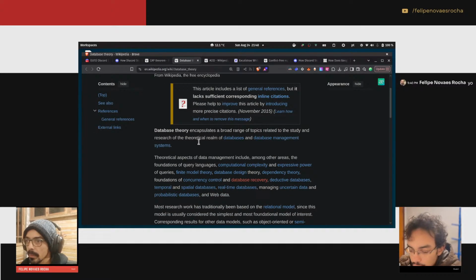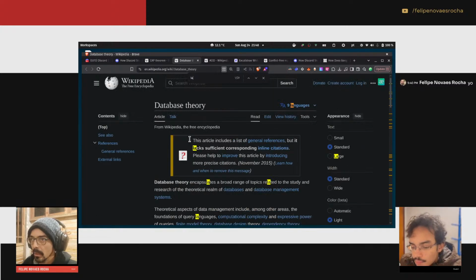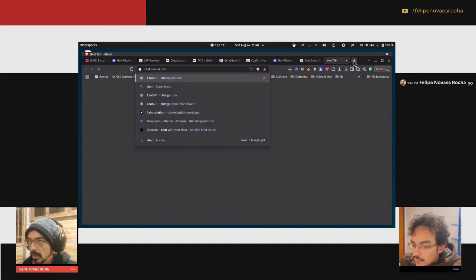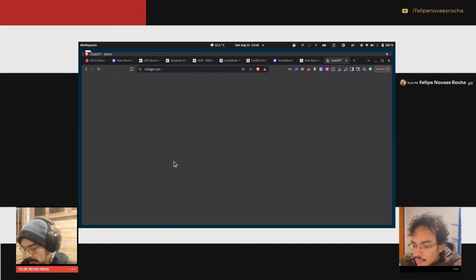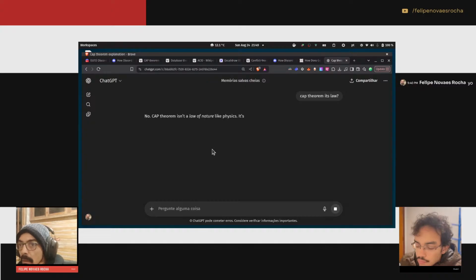Wikipedia says database theory encapsulates a broad range of topics related to the study and research of the theoretical realm of database systems. So let's see if they call it a law. No. So let's go to GPT. CAP theorem, is it a law?